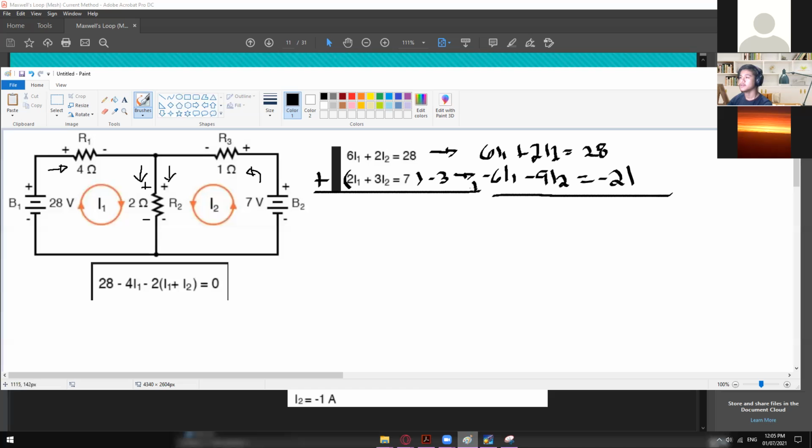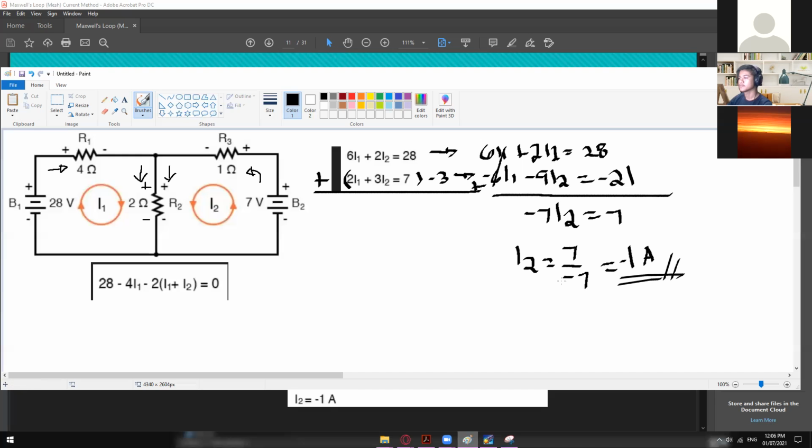And then you can now add them. So of course, this one will be cancelled. And then 2 I sub 2 minus negative 9 I sub 2, so it will give you negative 7 I sub 2 is equal to 28 minus 21 is 7. And then you can transpose this one on the other side. I2 is equal to 7 divided by negative 7 will give you negative 1 ampere.